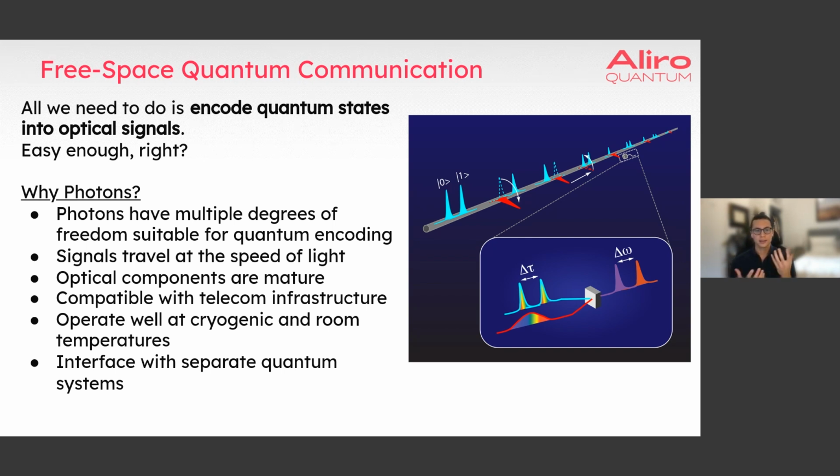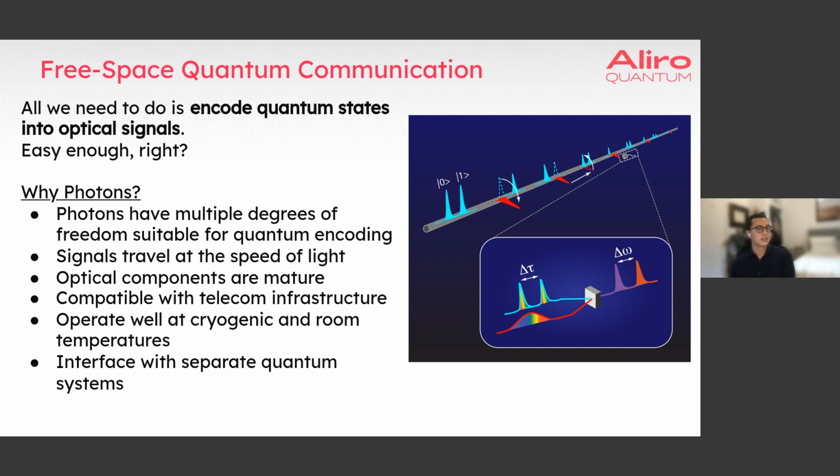And I like to think of optical photons as sort of the universal language or medium by which quantum platforms can communicate. So there are many different quantum platforms out there. Even in, say, quantum computing, you have superconducting qubits, trapped ion qubits, cold atoms, etc. There are all these different platforms and architectures for implementing, say, a quantum computer, all with different properties. If we wanted different quantum platforms to communicate with each other, we should use optical photons.